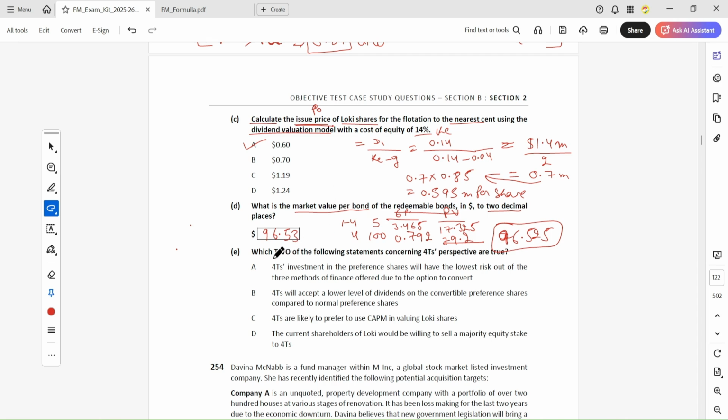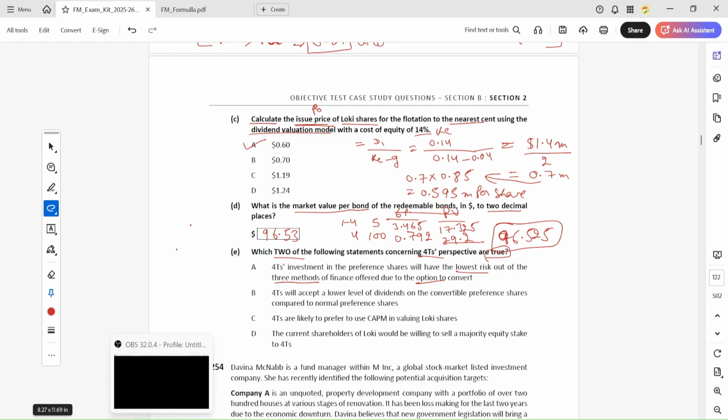Which two of the following statements concerning 40's perspective are correct? First: 40's investment in the preference share will have the lowest risk out of the three methods of finance due to the option to convert.